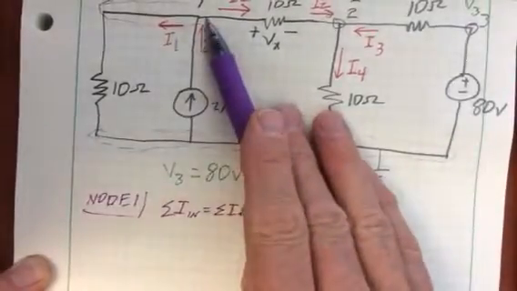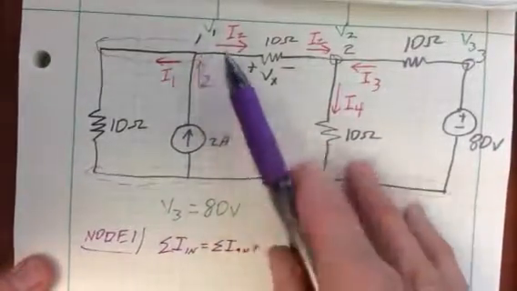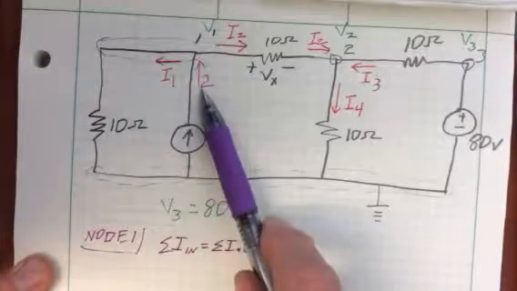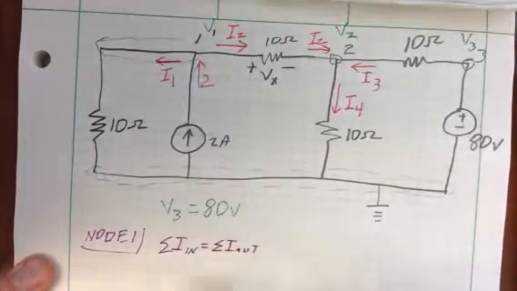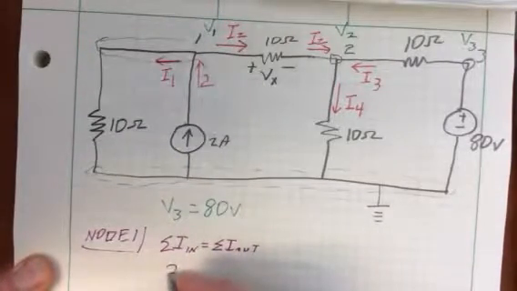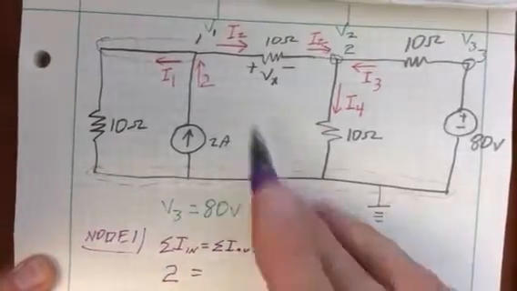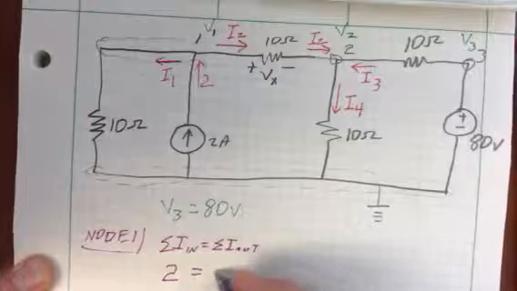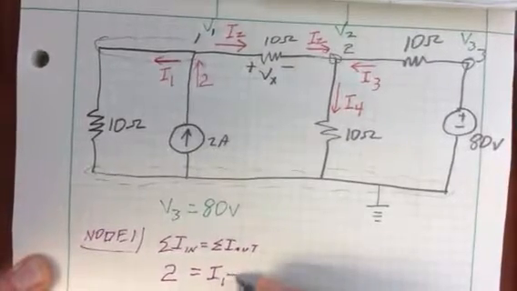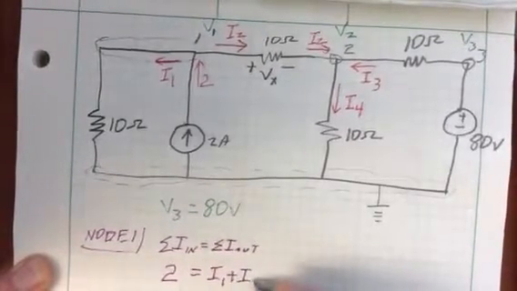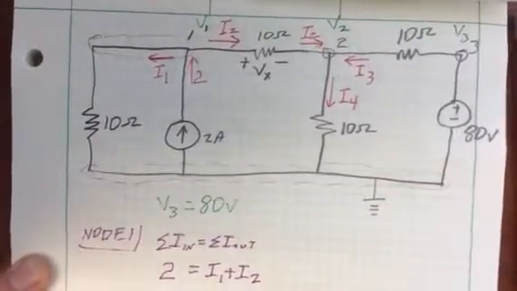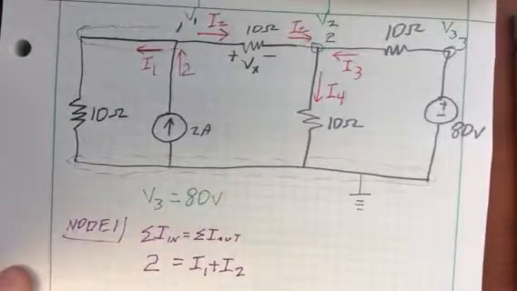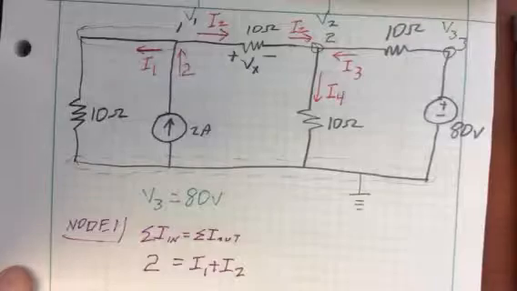What's flowing in? 2 amps. What do we have flowing out? We have I1 and I2. There's our Kirchhoff's current law for node 1.